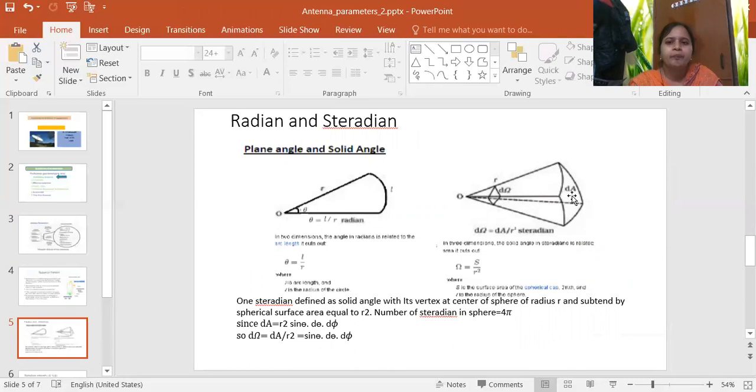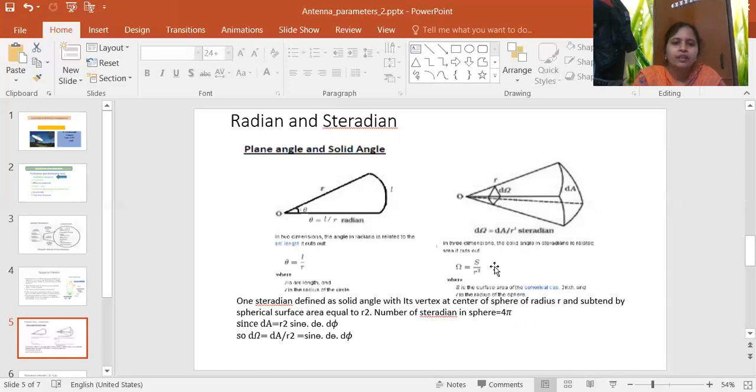Similarly, suppose we want to calculate the solid angle d omega, or omega, which is nothing but dA by R square, where dA is the surface area of this solid figure. S is the surface area of the spherical area, that is 2 pi RH, and R is the radius. Now we'll calculate what is d omega.